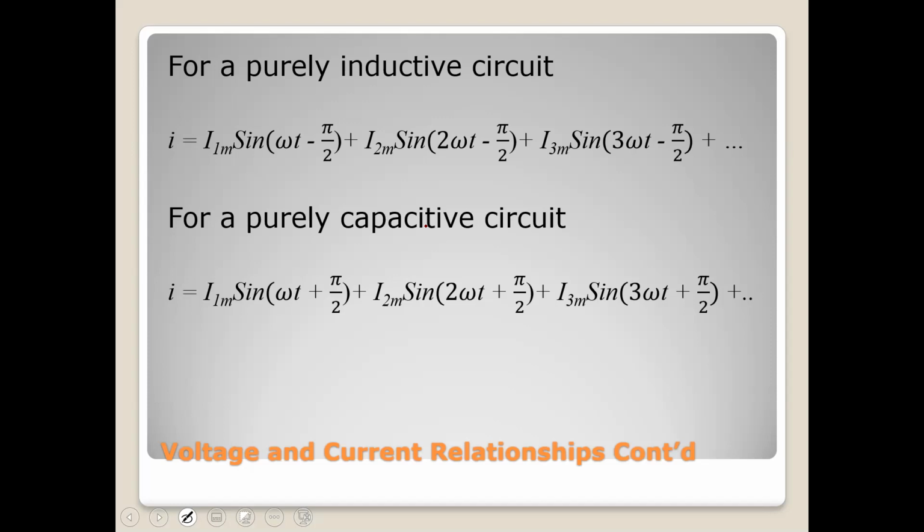So for the current expression across an inductor, we know that the current will lag by 90 degrees or pi over 2 radians. That's where we get the minus pi over 2, because the minus is telling us that it's lagging, and the pi over 2 is telling us by what angle. For a purely capacitive circuit, we'll have plus pi over 2.